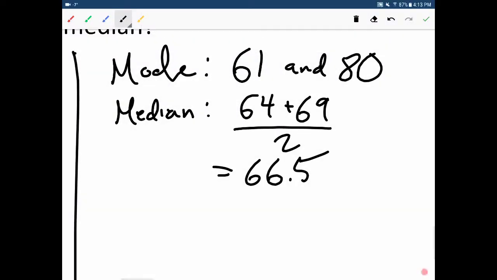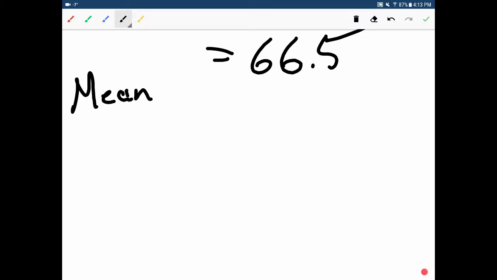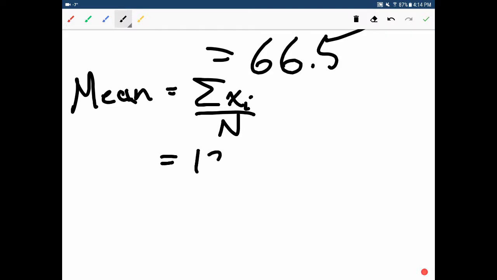All right. And finally, we'll do the mean. Again, it's the sum of all the data divided by the population. Because we're doing the entire class, it does count as a population mean, so we could use mu here. We'll just do 12 plus 15 plus ... 92.